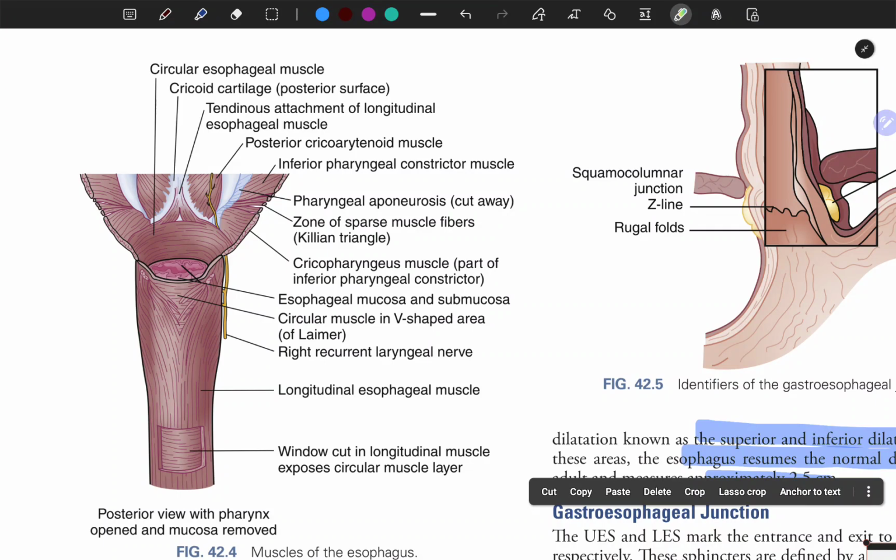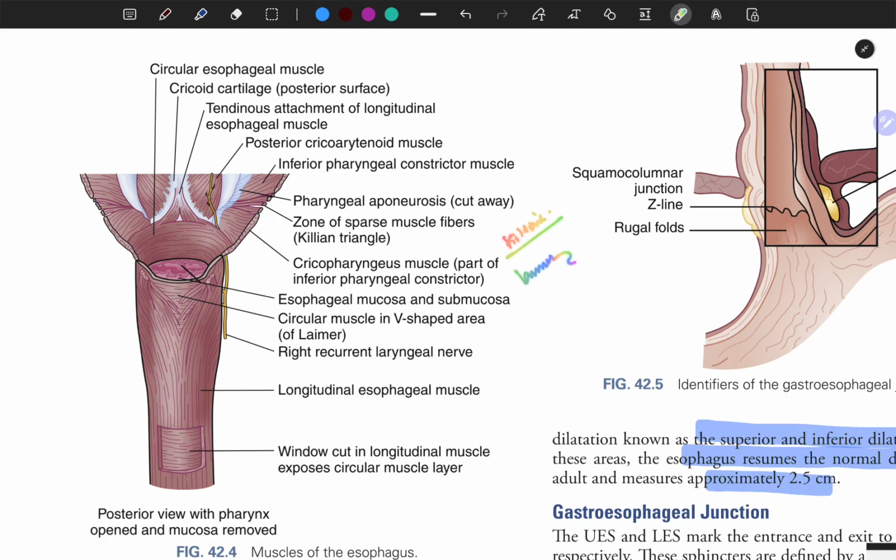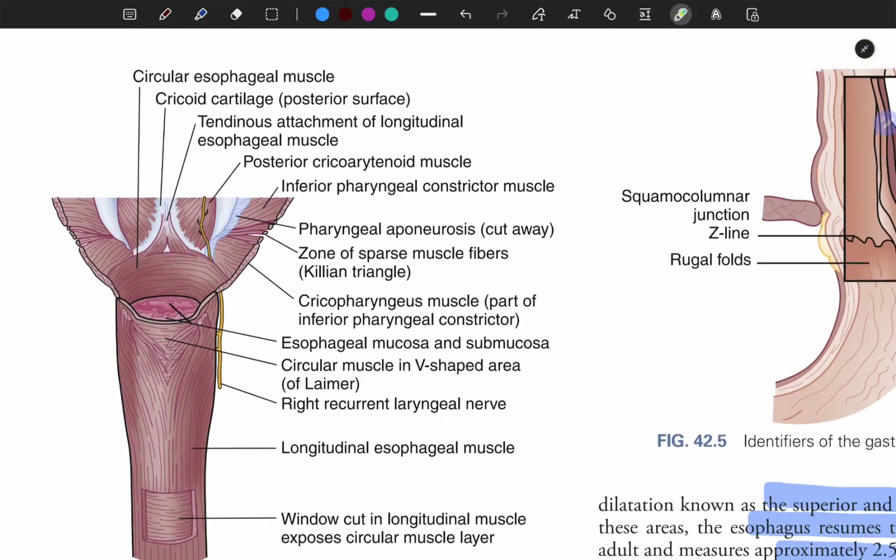Now, a very important concept is the triangles, zones of sparse muscle fibers. There are two important triangles: Killian's triangle and Laimer's triangle.